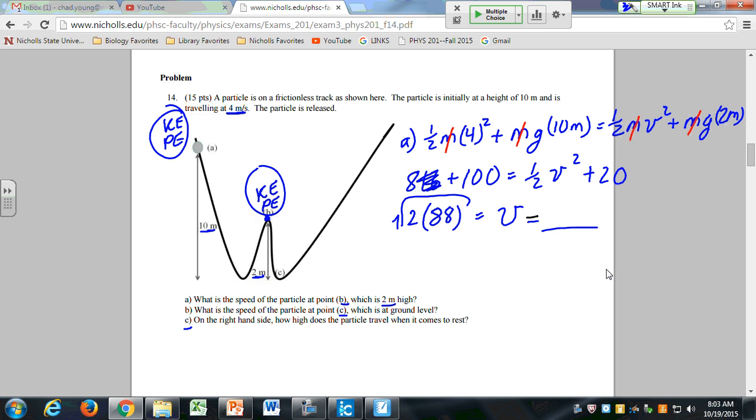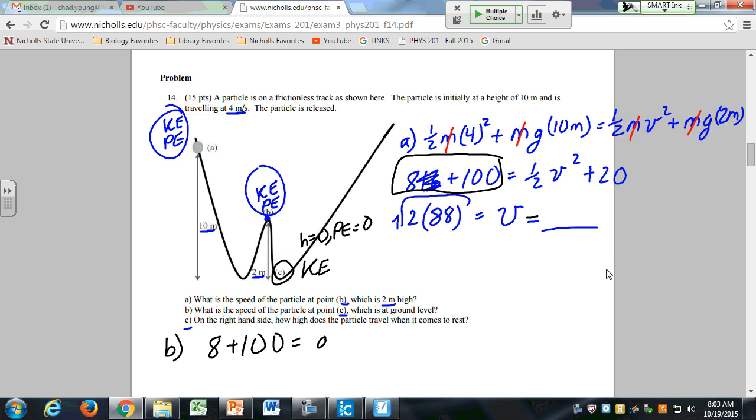All right. So, what is the speed of the particle at point C? At point C, what type of energy do I have? I have only kinetic because h equals 0. Potential energy equals 0. So I only have kinetic. So I'll work it exactly the same way as I did at part A, except I'm not going to have potential energy. I have 8 plus 100 equals 1/2 v squared.